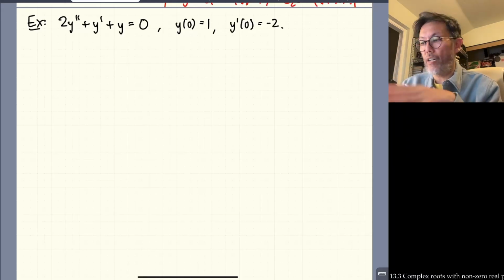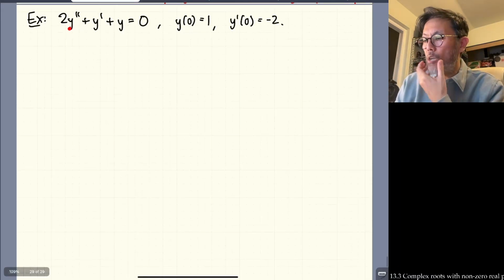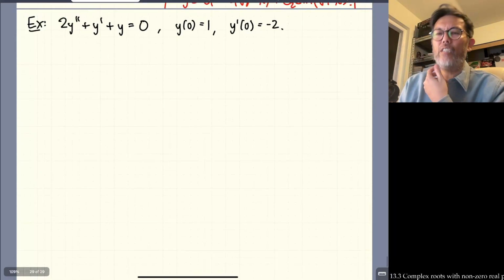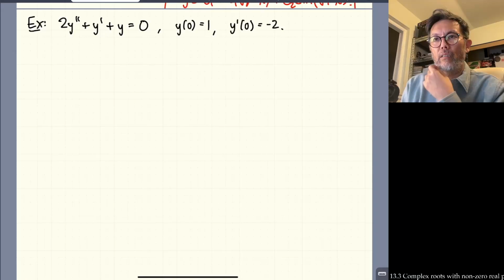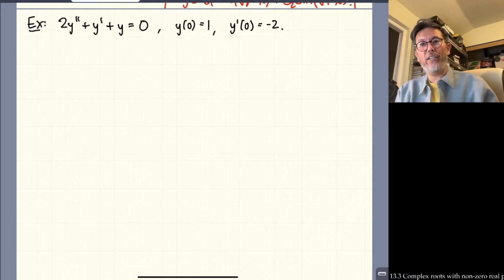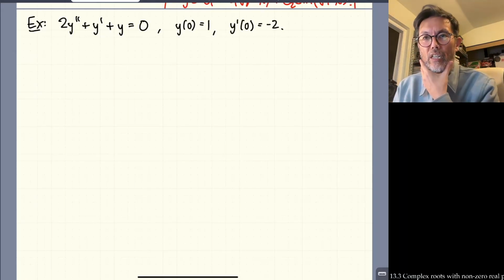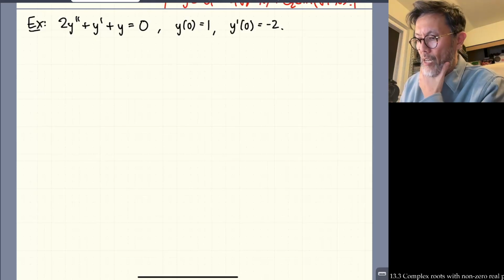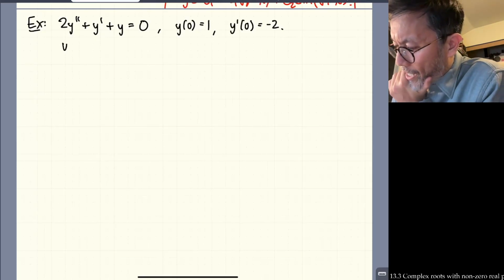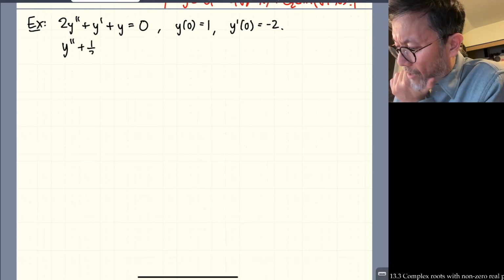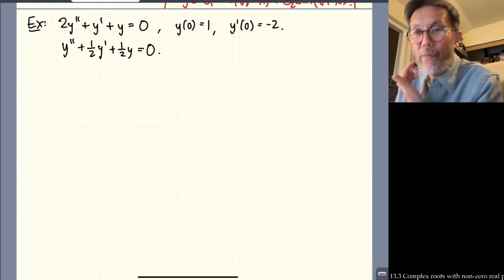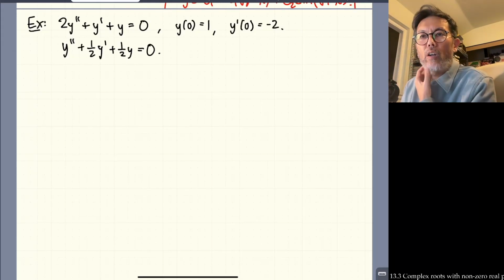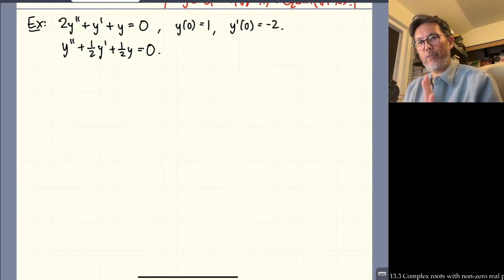What we could do, of course, to get it into compliance with what we had in the past, is simply divide this equation by 2 everywhere, in which case we would get y double prime plus 1 half y prime plus 1 half y equals 0. And that's fine, you could go ahead and solve the problem that way. So if that makes you comfortable, cool.